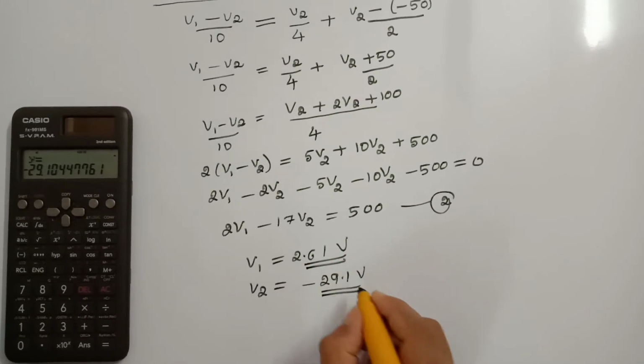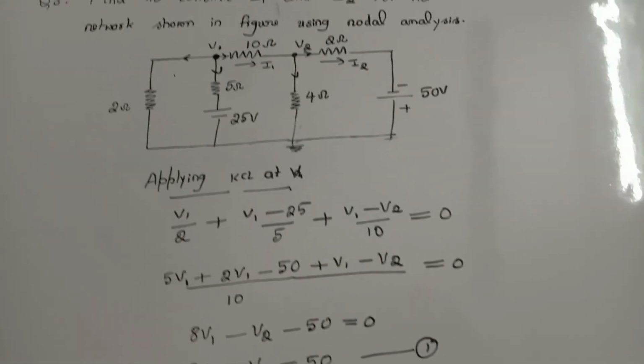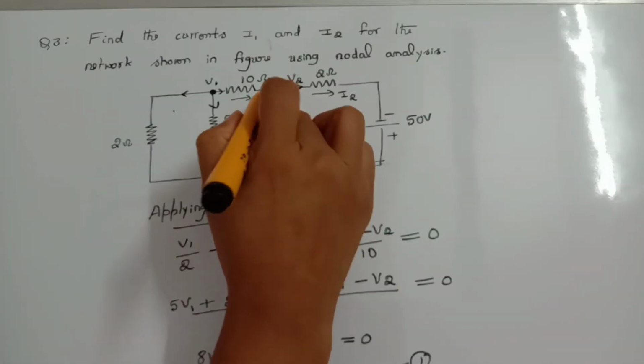Now the question asked here is find I1. I1 is current through 10 ohm. So it is (V1 minus V2)/10.